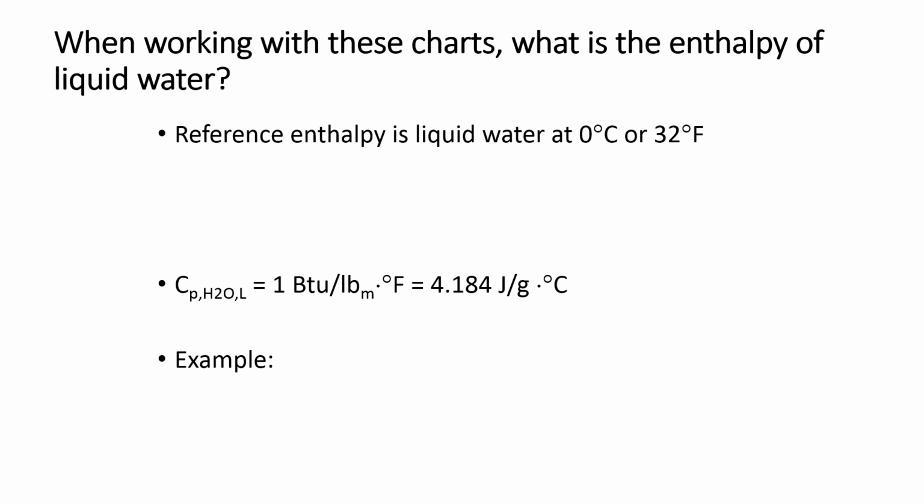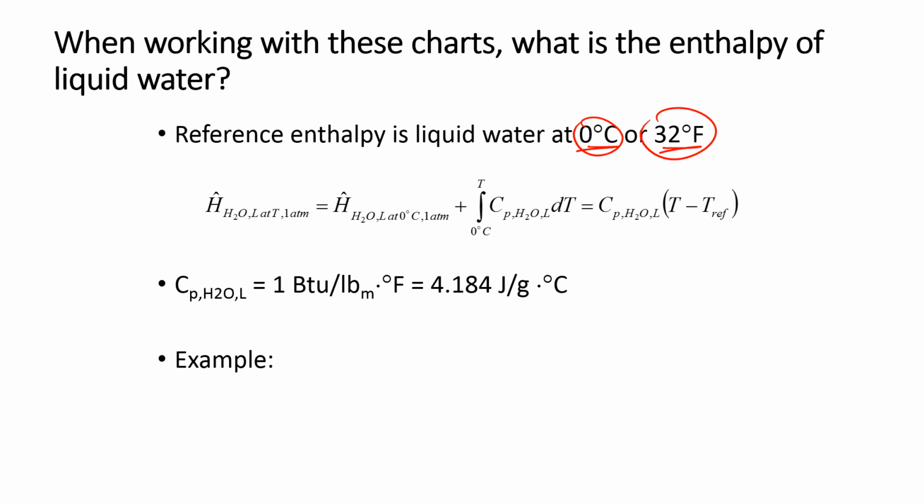When working with these charts, what is the enthalpy of liquid water? If we are extracting, for example, some liquid water at a different temperature than the reference, where the reference is 0 degrees Celsius or 32 degrees Fahrenheit, then we just go ahead and integrate.